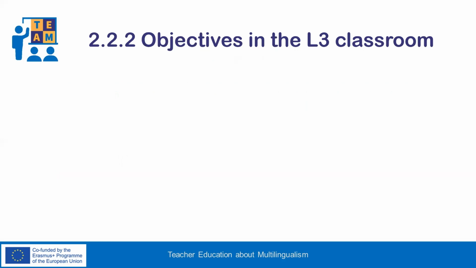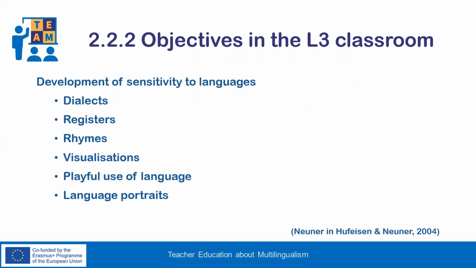So, what are the meaningful objectives to be aimed at in the L3 classroom? First, development of sensitivity to languages, dialects, registers, rhymes, visualizations, playful use of language, language portraits.